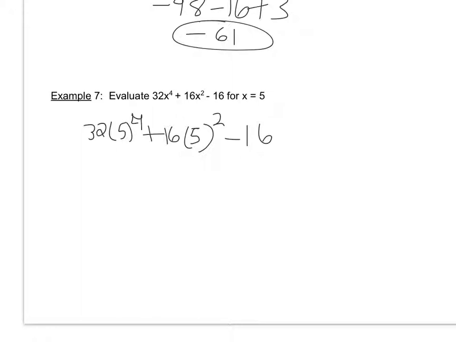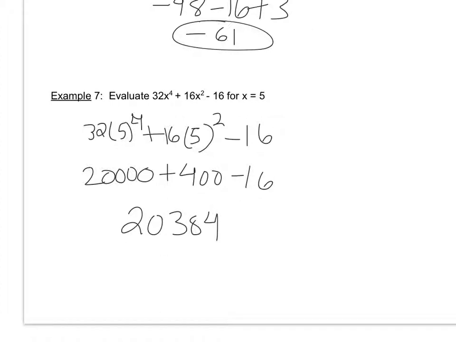So 5 to the 4th is 625, times 32 is 20,000, plus 5 squared is 25, times 16, 400, minus the 16. So just enter those into your calculator and you should get 20,384.